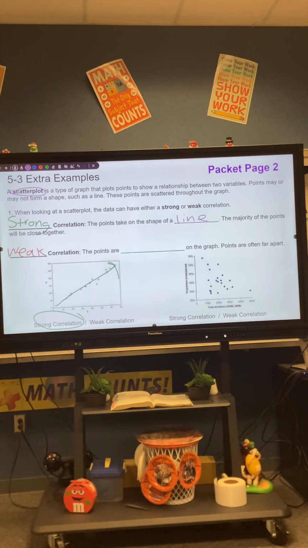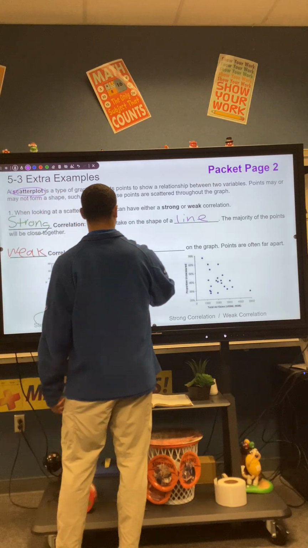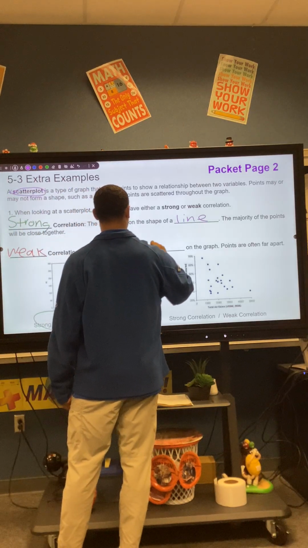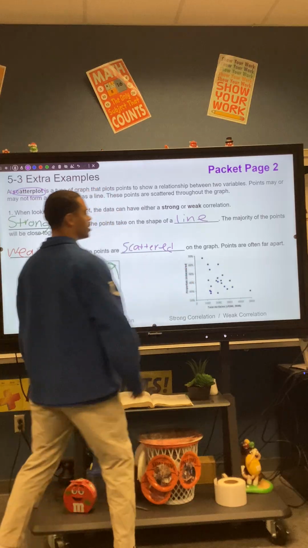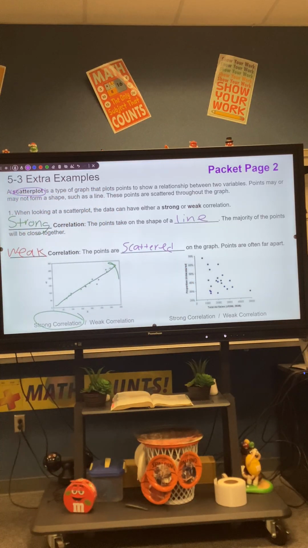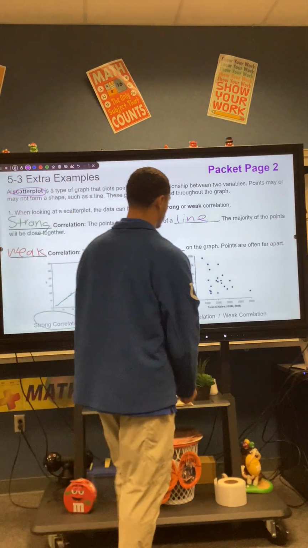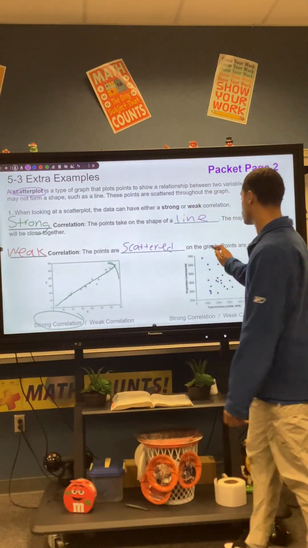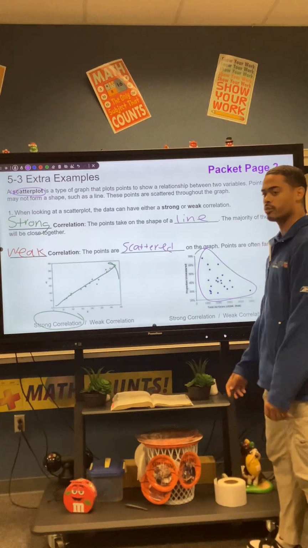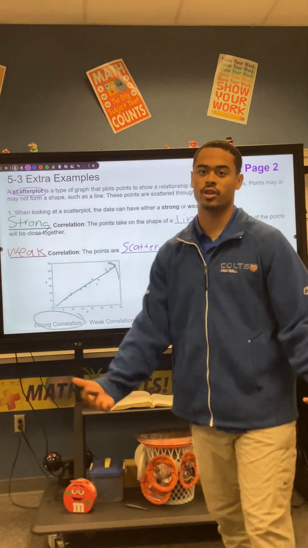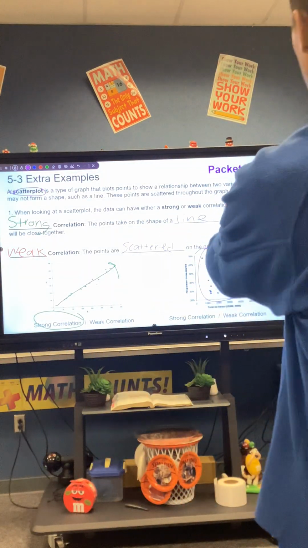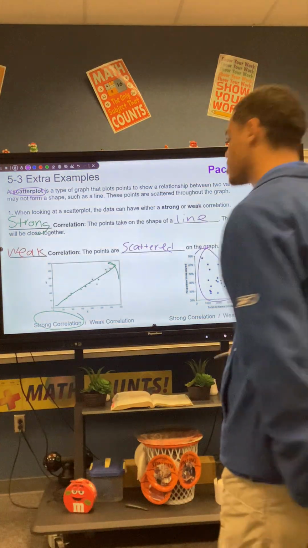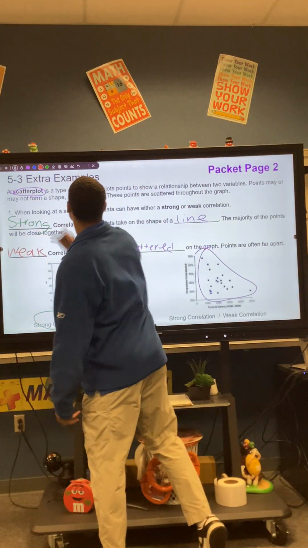Scatter. The points are scattered on the graph, often far away from each other. See how these points are kind of far? They can't really form a nice coherent line. You squint at it, you still can't really see a line there. That's a weak correlation. Put it in red.